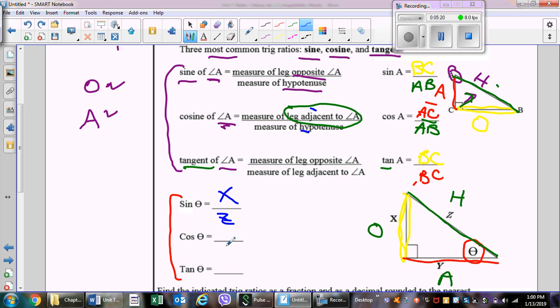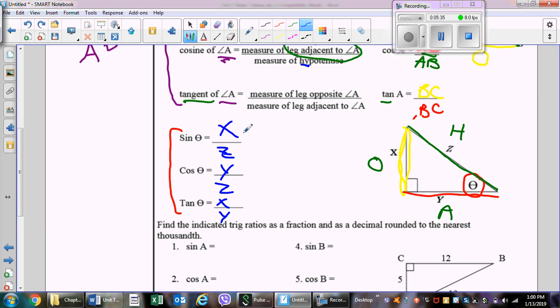Adjacent is Y, and the hypotenuse is Z. Tangent is opposite over adjacent, which is X over Y. So sine is X over Z, cos is Y over Z, tan is X over Y.